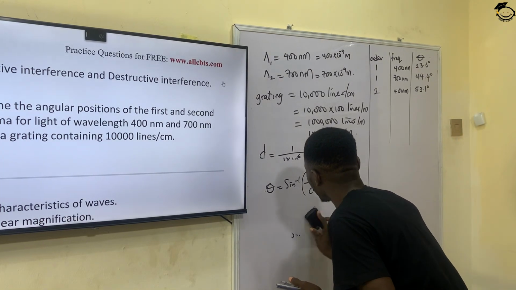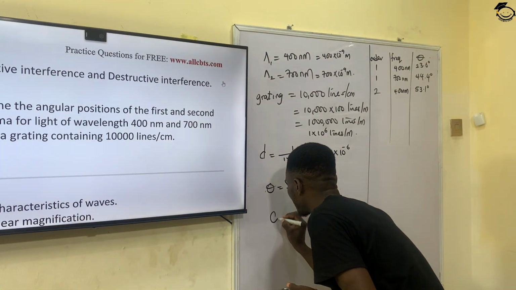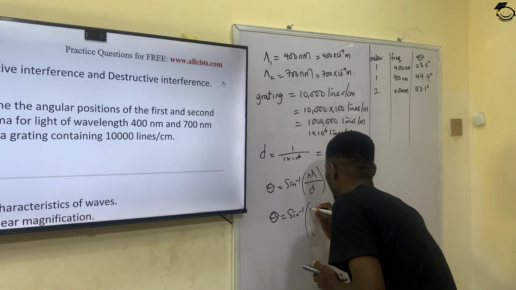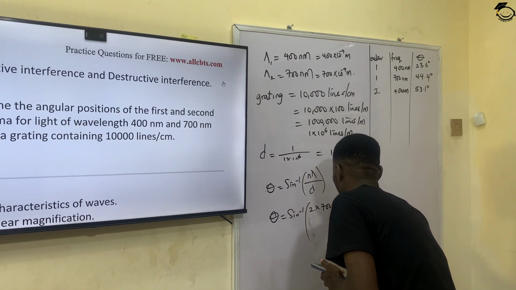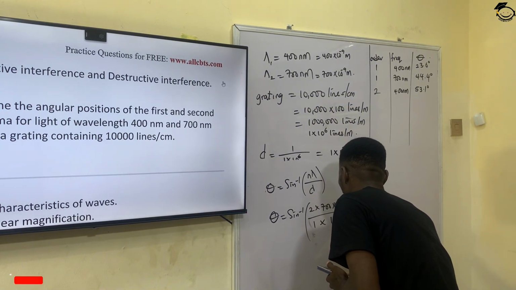So I also do the same thing for that same second order. I would repeat the second order for the second frequency, which is 700, which means that my theta here would be equal to sine inverse of 2 times 700 times 10 raised to power minus 9 divided by 1 times 10 raised to power minus 6.